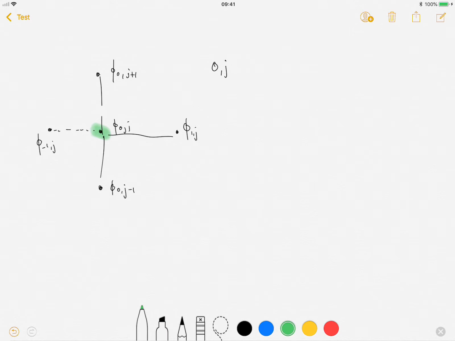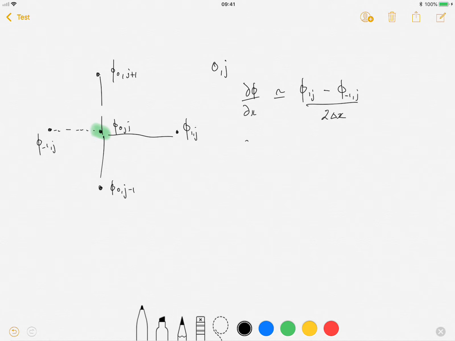that's this node, and using the central difference, the gradient can be approximated as ∂φ/∂x approximately equal to φ(1,j) minus φ(-1,j) divided by 2Δx.